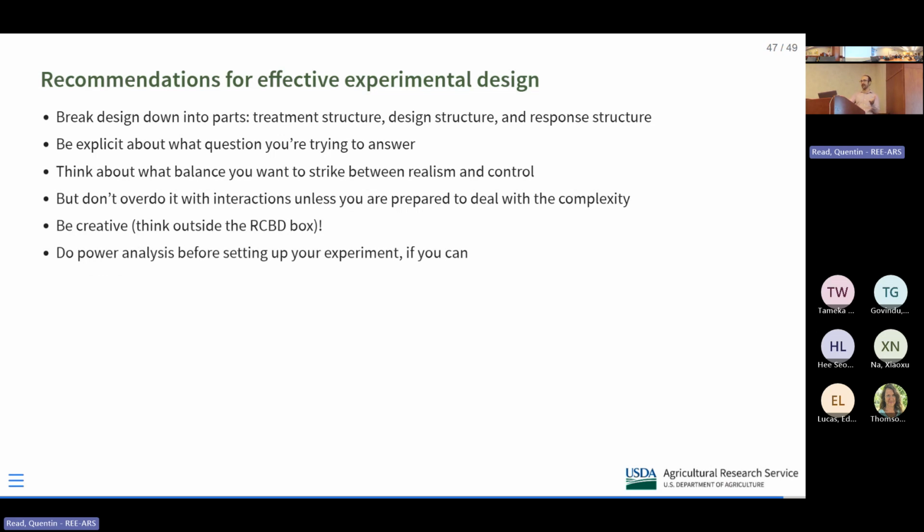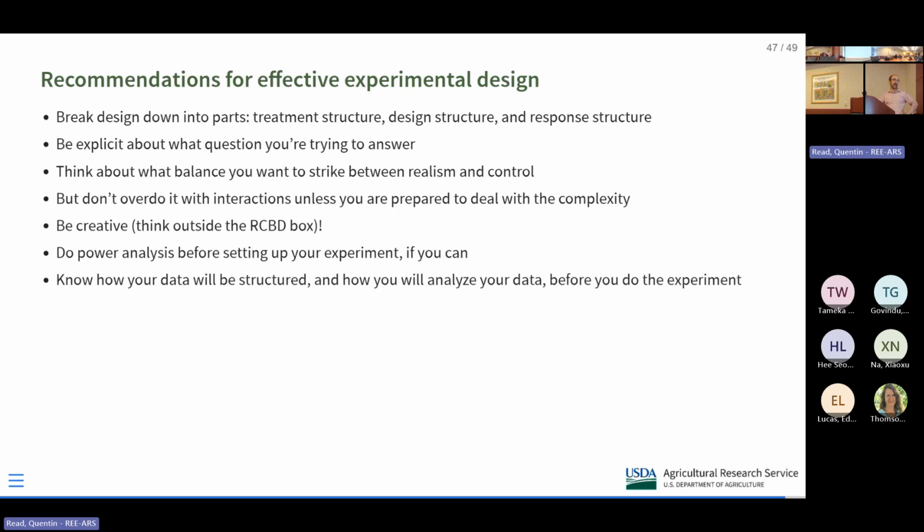You all sort of have to do this if you're working with mice or humans, but it's always good, if you can, to do a power analysis, to estimate what the statistical power of your design is going to be before you do the experiment, so that you know what to expect. If you do the power analysis, you're forced to think about what your data is going to be and how you're going to analyze it before you even do the experiment.